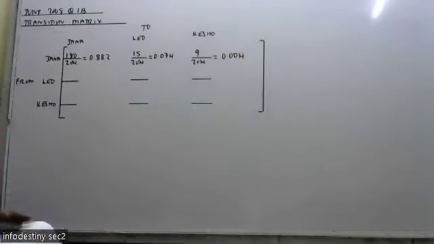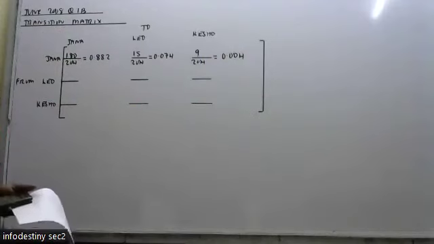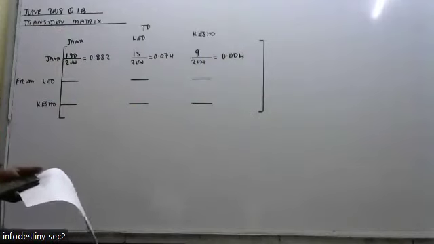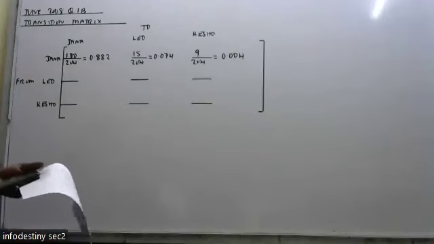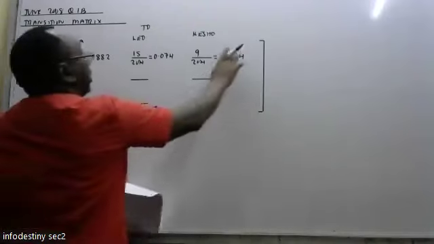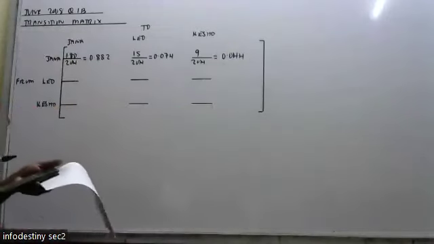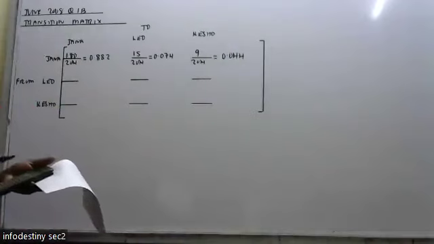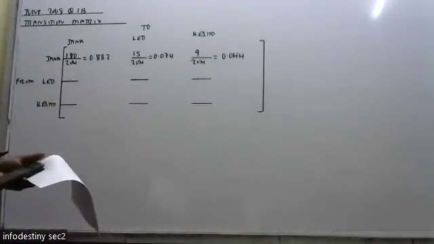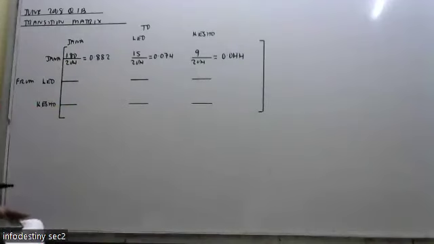And anytime you do that, you must always confirm whether they are adding to 1. So you add 0.882 plus 0.074 plus 0.044. They are adding exactly to 1. That's good.